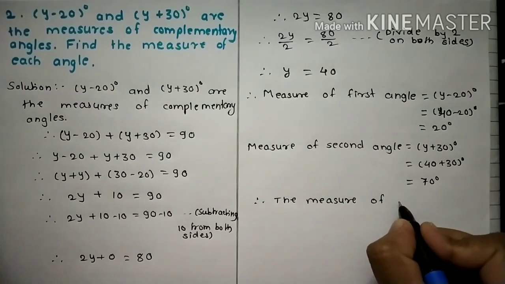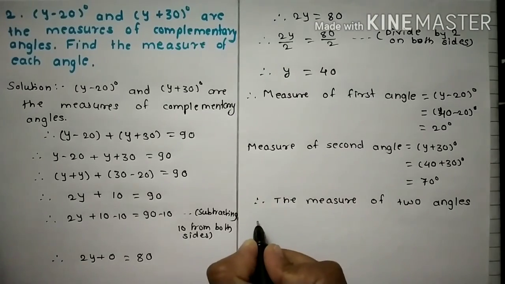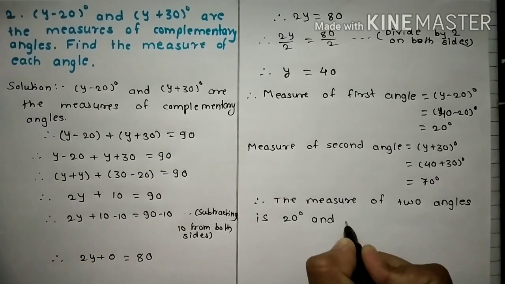Therefore, the measures of the two angles are 20 degrees and 70 degrees.